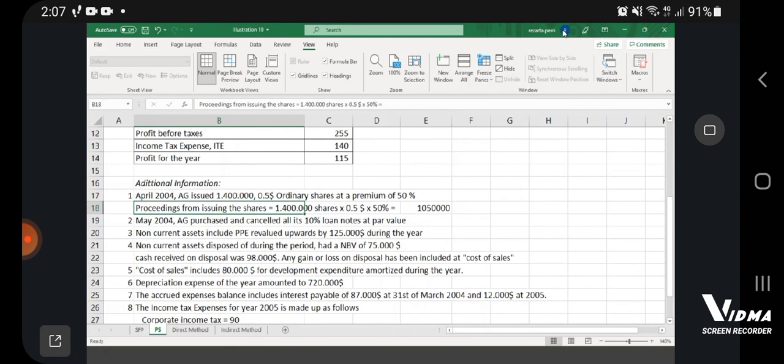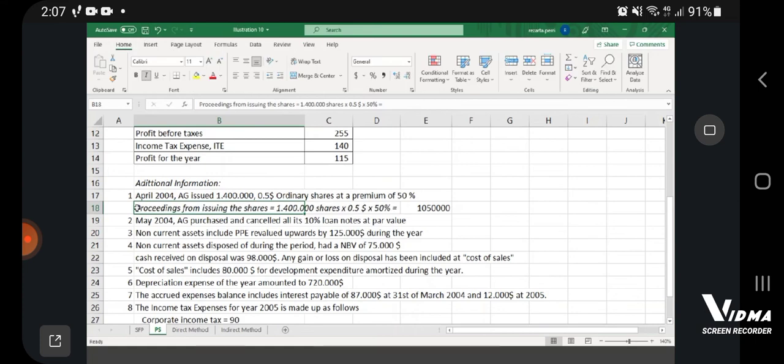Any question? At least any question related to the proceedings of shares? Something that maybe we need to clarify right now? Okay.